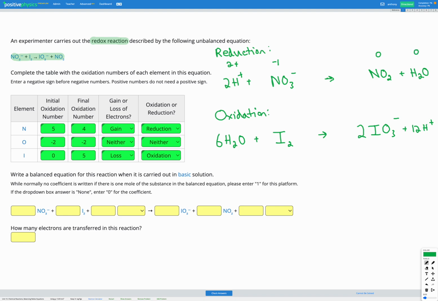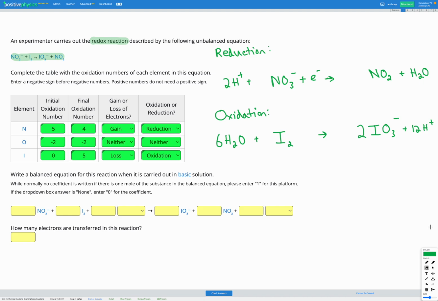So on the right-hand side, the net charge is 0. On the left, the net charge is currently positive 1. So we're going to add an electron to the left-hand side. So this gives us a charge of negative 1 here. So we've got 2 plus, minus 1, which overall gives us 0 on the left. And on the right, we've got 0 and 0, which gives us 0 on the right. So we're now balanced for our charge.